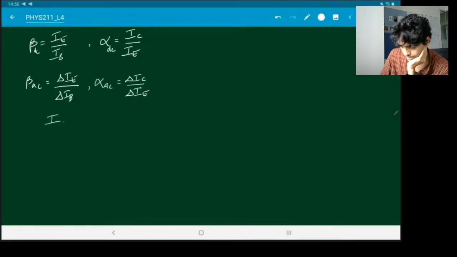Now, because IE is IC plus IB, let me divide by IC throughout.